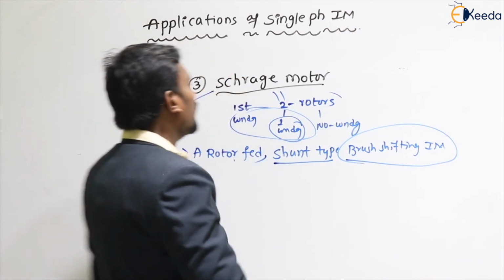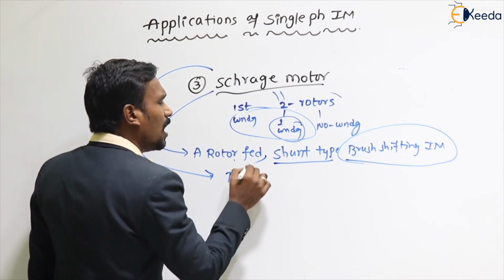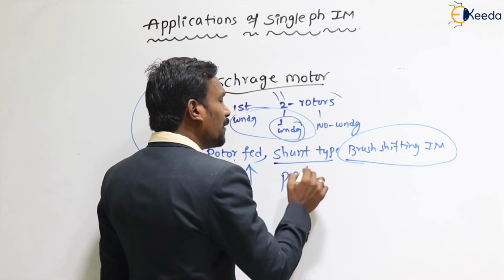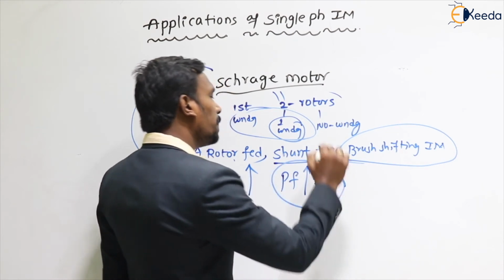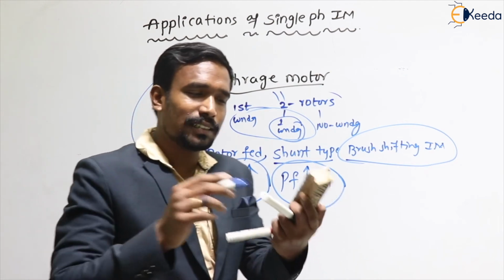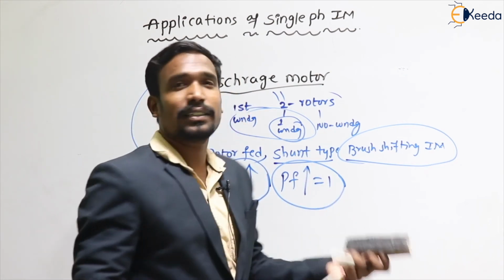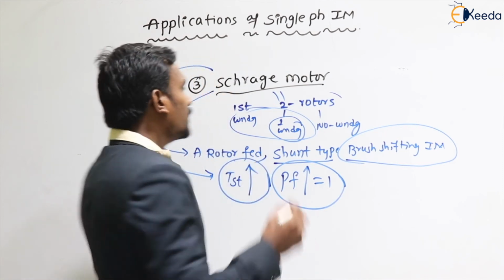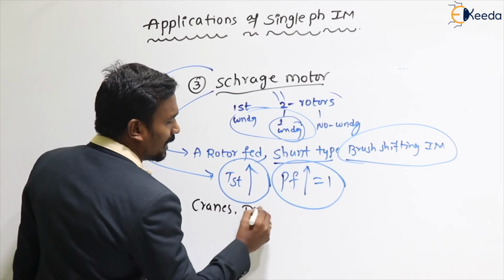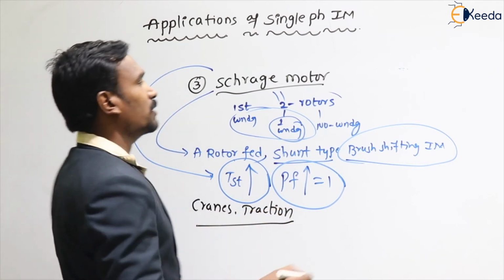The very important point in this machine is high starting torque and high power factor, unity power factor. At any speed, the starting torque is high and the power factor is unity. Generally, these are used for cranes and traction.